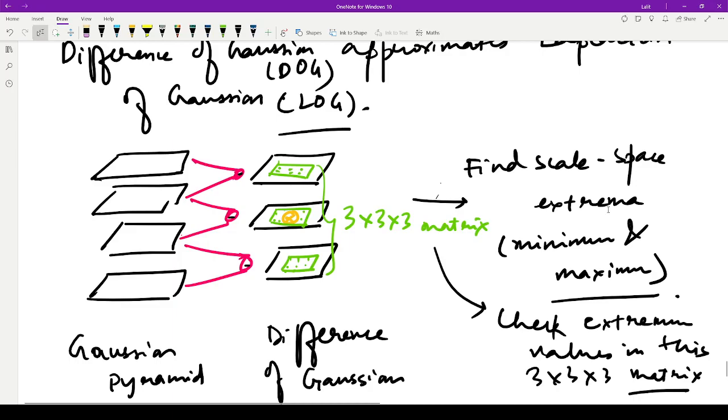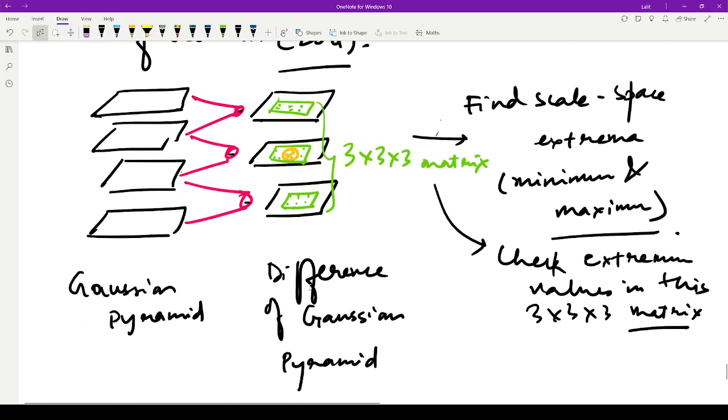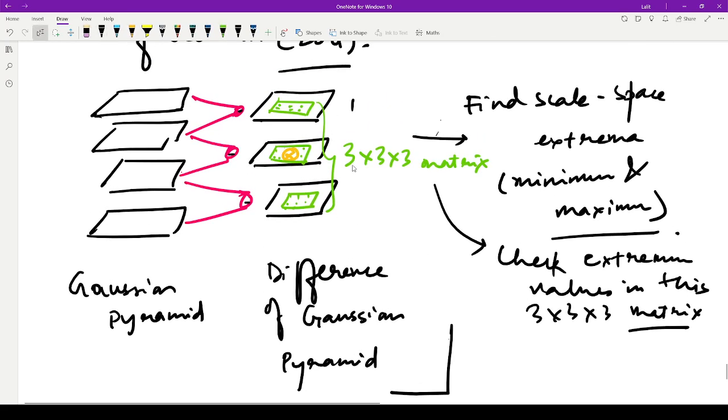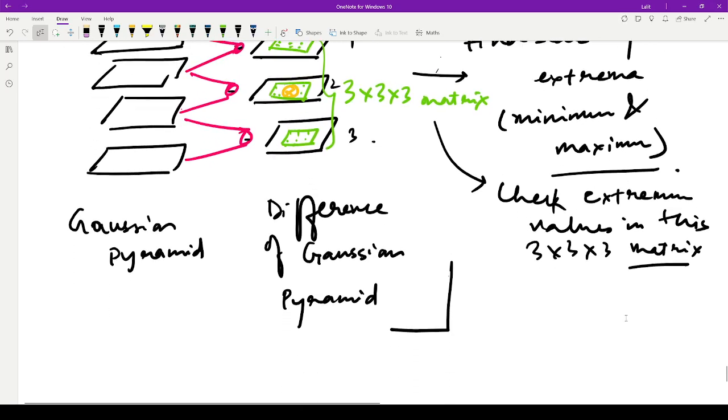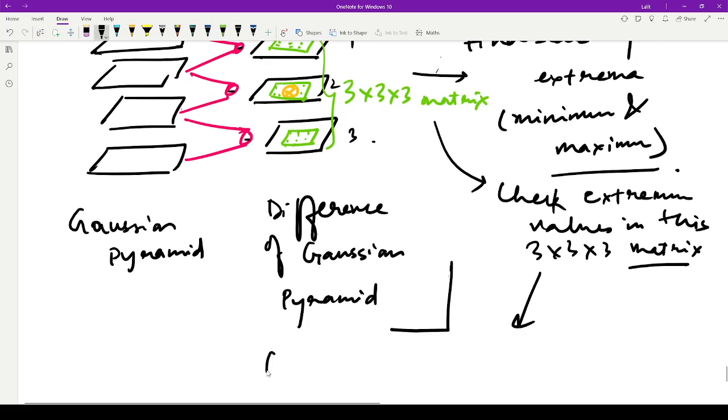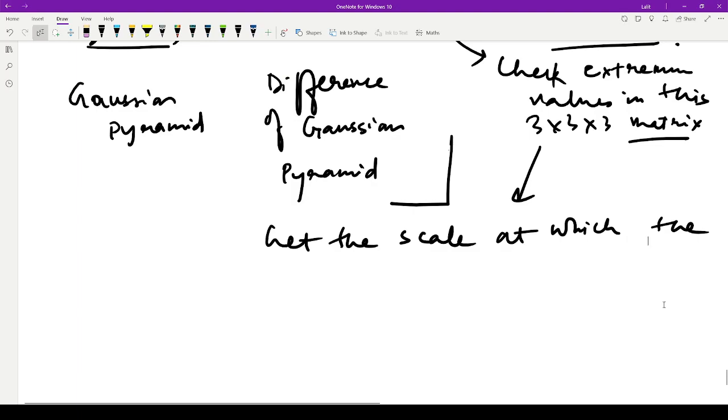And once you do this, wherever the extremum value lies, this is the specific scale. If I put it here, this is scale 1, this is scale 2, this is scale 3. So if your extremum value lies in scale 3, this is the scale at which your key point lies. Get the scale at which the descriptor lies.